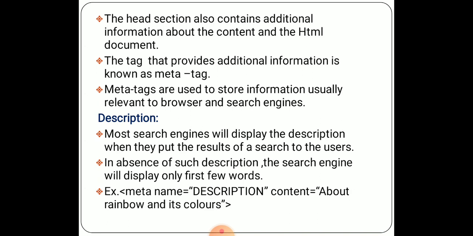Now next, description. Most search engines will display the description when they show the result of a search to the user. In the absence of such a description, the search engine will display only the first few words.